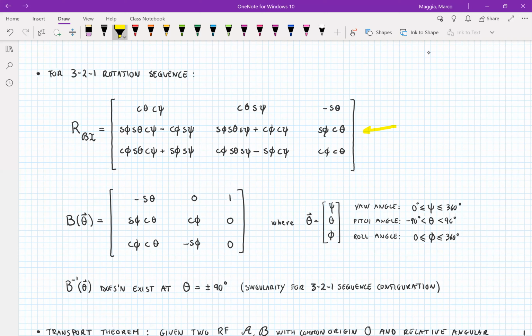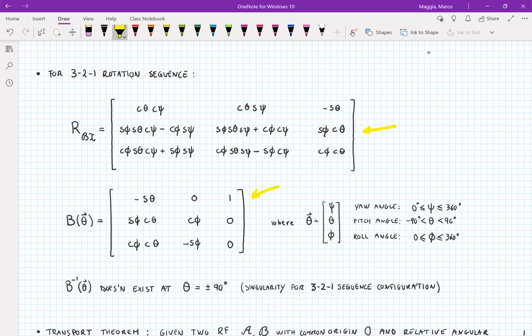Let me repeat myself and say that we have 12 possible combinations, 12 possible sequences. So possibly we can get up to 12 expressions for this rotation matrix. And the same thing can be said for the B matrix.